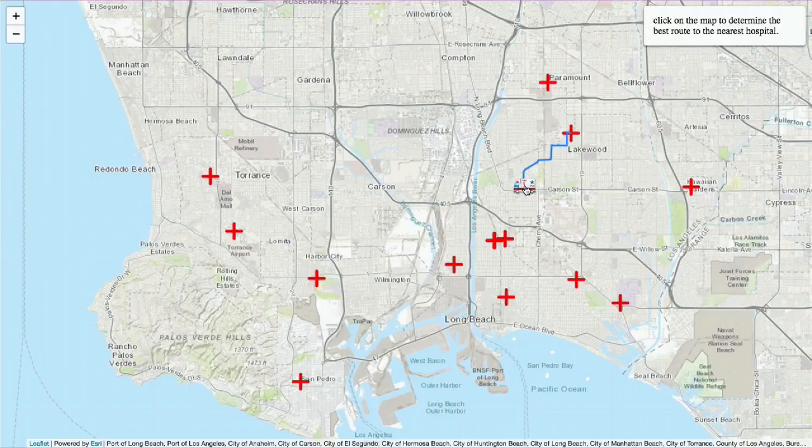They need to figure out which of the hospitals is actually the closest. And so these services basically do some more route solving and then figure out, based on even current traffic conditions, which is the appropriate destination to go to.